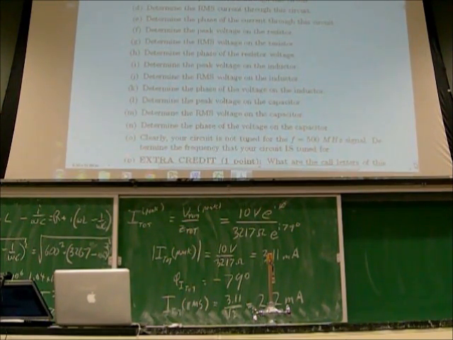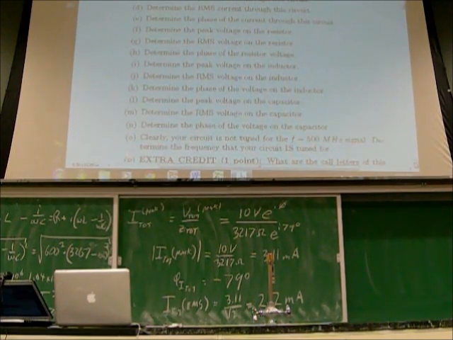So, this circuit has a current whose peak value is 3.11 milliamps, meaning that the RMS value of the current in this circuit is 2.2 milliamps, and this circuit has a current that is 79 degrees behind the phase of the power supply. Why is that?